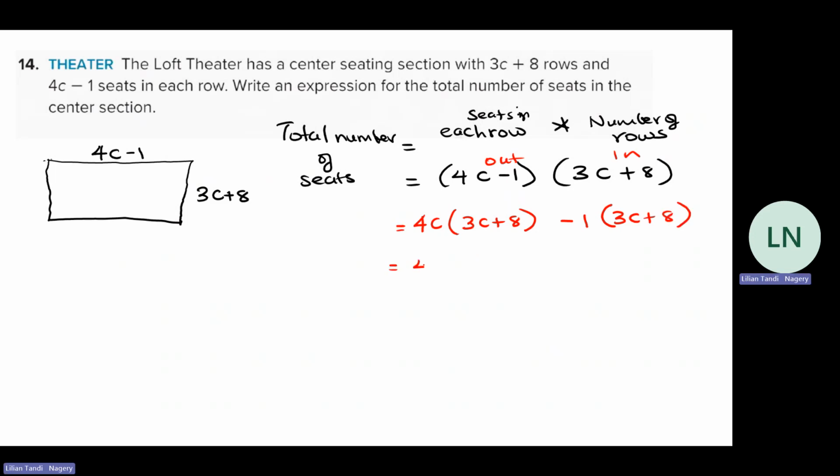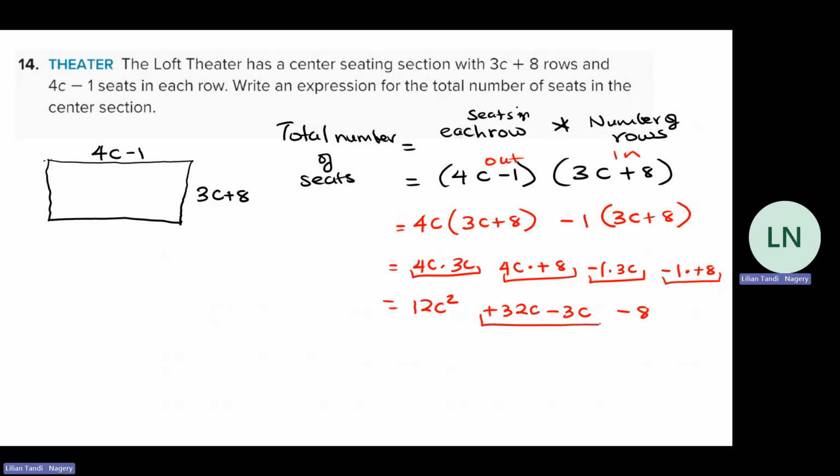Okay, then I multiply 4C times 3C. This gives me 12C squared. Then I multiply 4C with +8. That gives me +32C. Then I multiply -1 times 3C. That gives me -3C. Then I multiply -1 times +8. That gives me -8. Then these are friends.